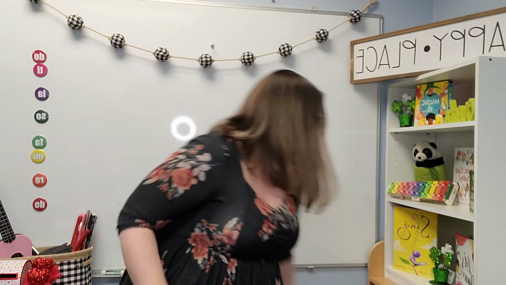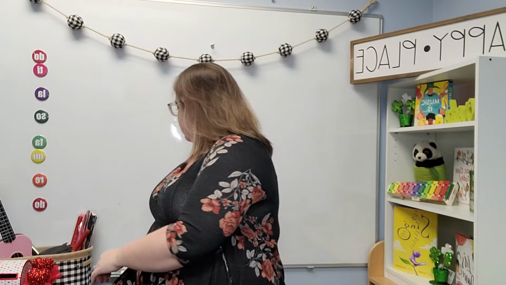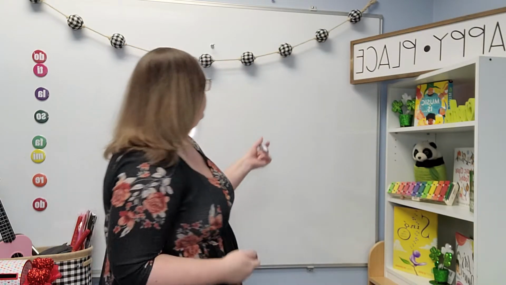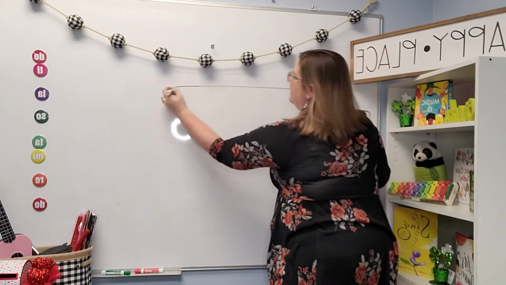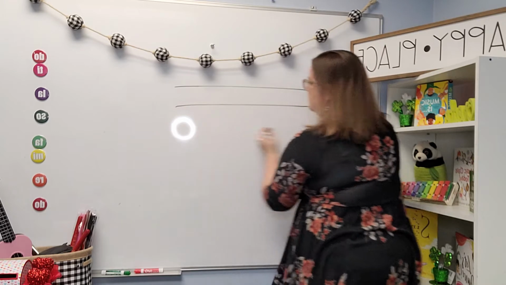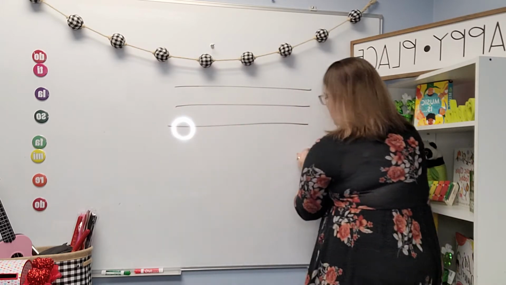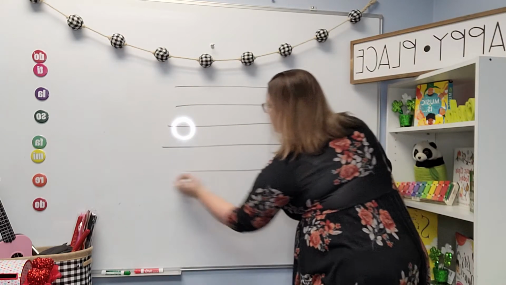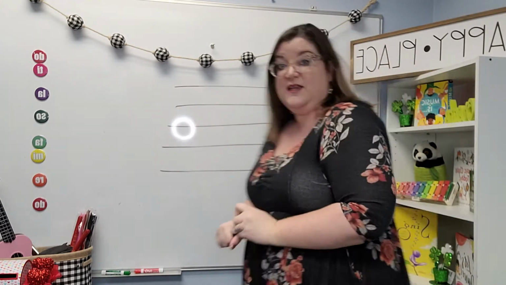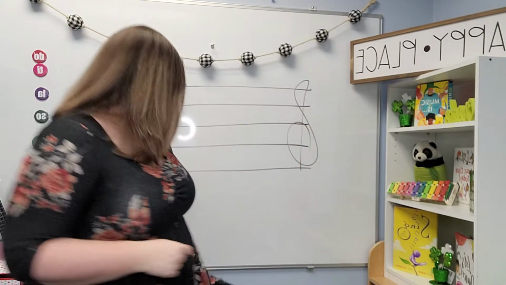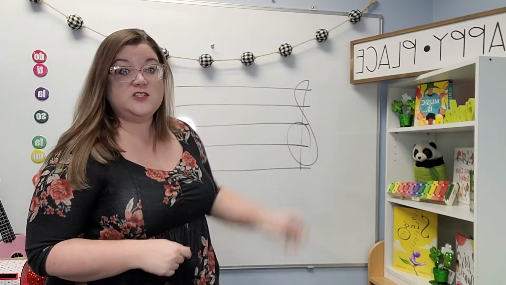So, if I draw a staff, 5 lines, and a treble clef at the beginning, so I know which notes I'm using.